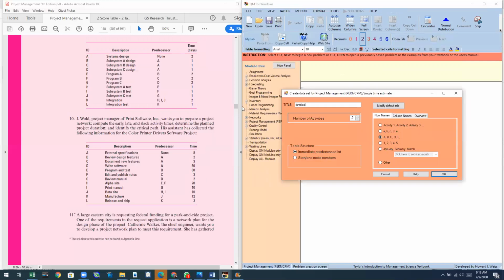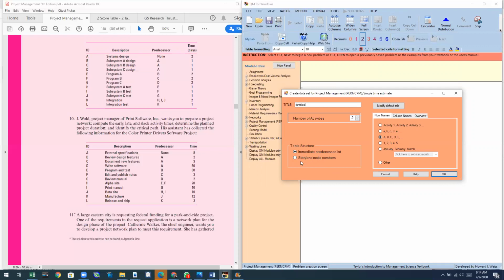Because the activities are on nodes, we can use the immediate predecessor list in this case, because we can immediately see the predecessors. Later on, I will illustrate a situation where we use start and end node.